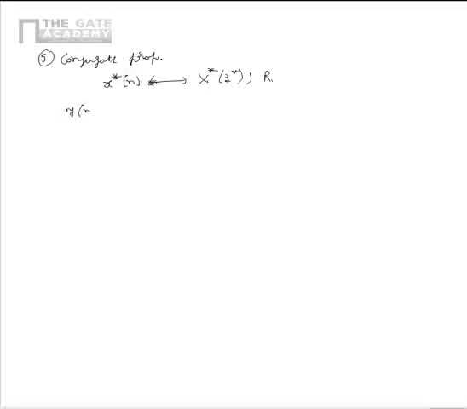Let y of n is equal to x star of n, where star implies the conjugation operation. Then y of z is equal to sigma n equal to minus infinity to plus infinity y of n multiplied by z power minus n. This is further equal to sigma n equal to minus infinity to plus infinity x star of n multiplied by z power minus n.